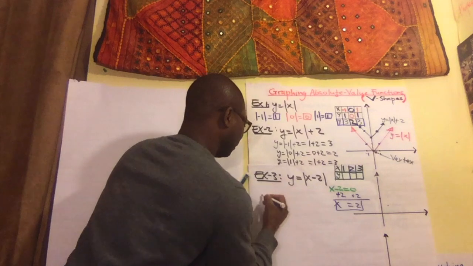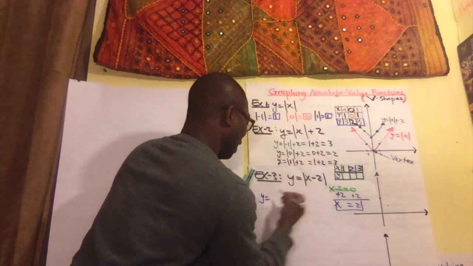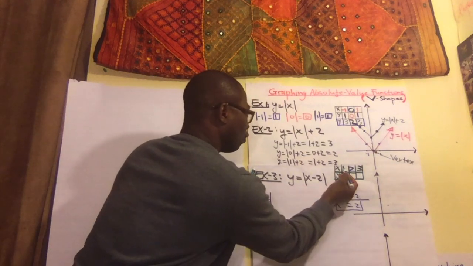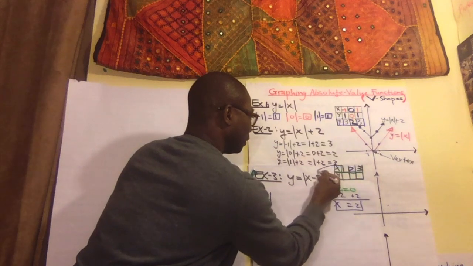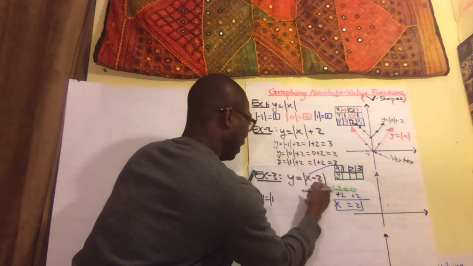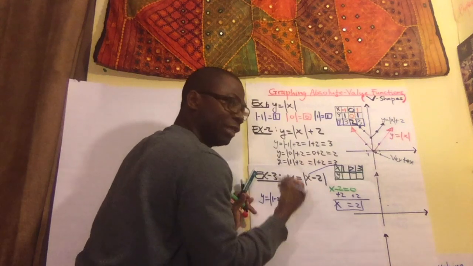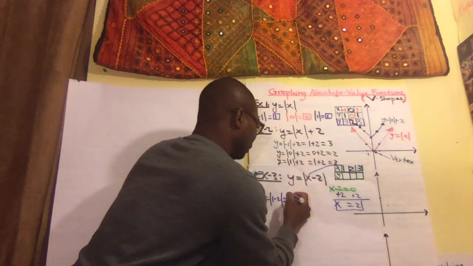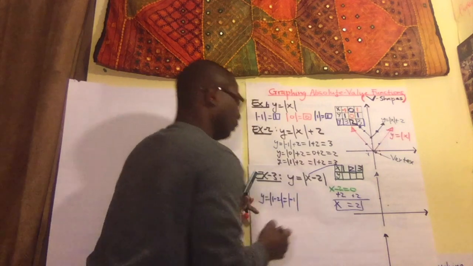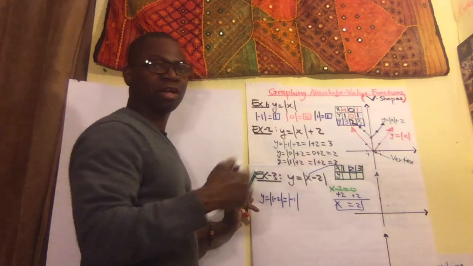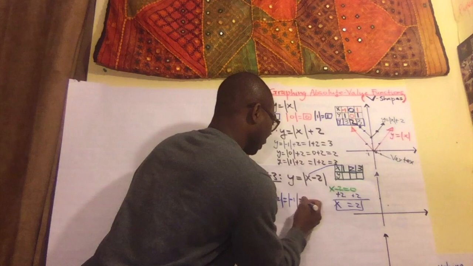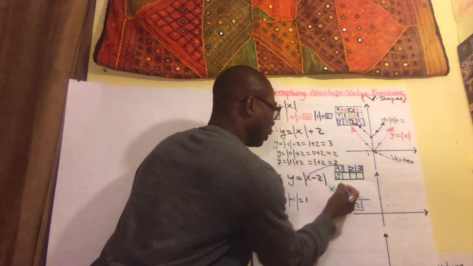So y equal to absolute value of 1 minus 2. 1 minus 2 is negative 1. Absolute value of negative 1 comes out as a positive 1, so this is 1.